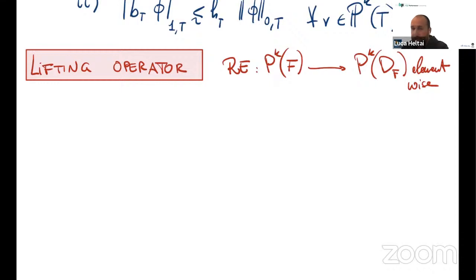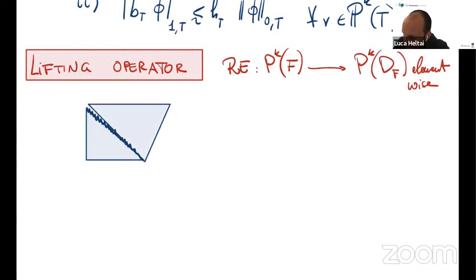So the lifting operator is an object that does the following thing. In the proof of what we want of the optimality, we're going to be needing to put into relationship something that happens on the face with something that happens on the actual surrounding elements. Okay, this is F here, this is T1, and this is T2.